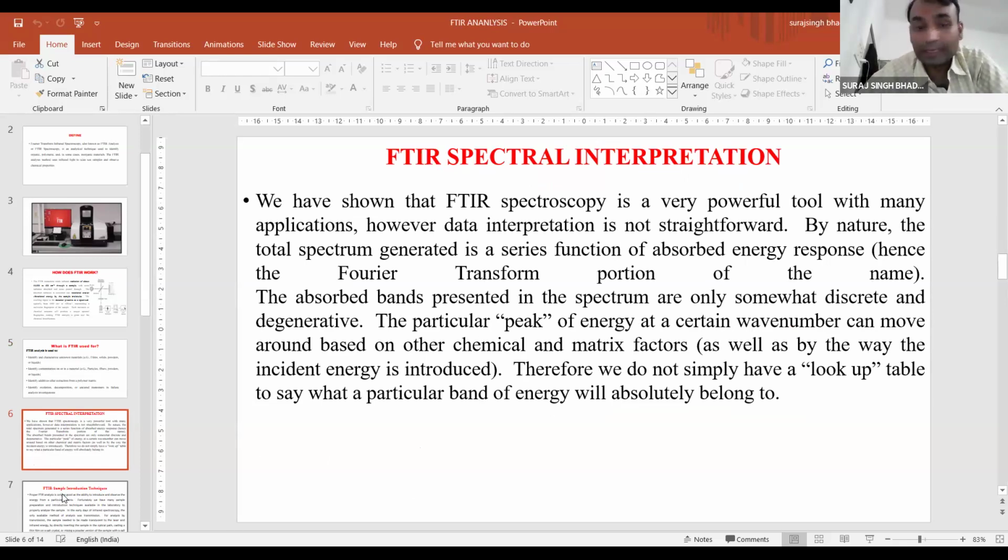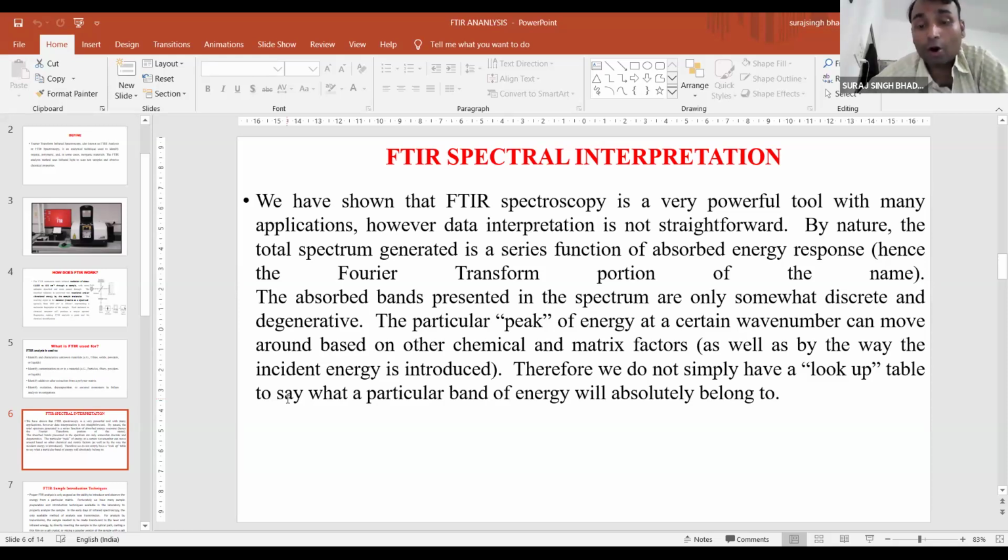Now, next we have to understand spectral interpretation, how we can interpret and study the spectral correlation. Spectral determines the various spectra of light, various intensities of different colors of light. So basically we have to show that FTIR is a very powerful tool. It is generally interpreted in terms of intensity at different wavelengths, in different molecular systems.